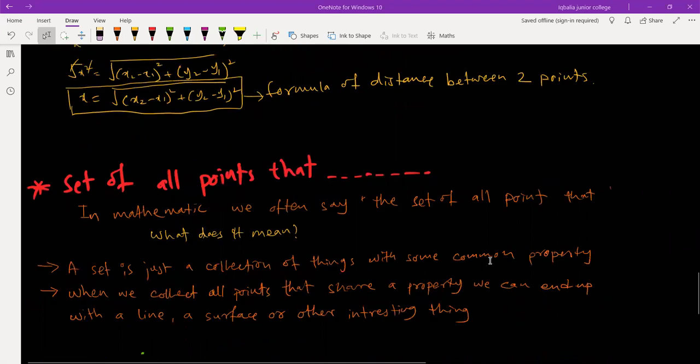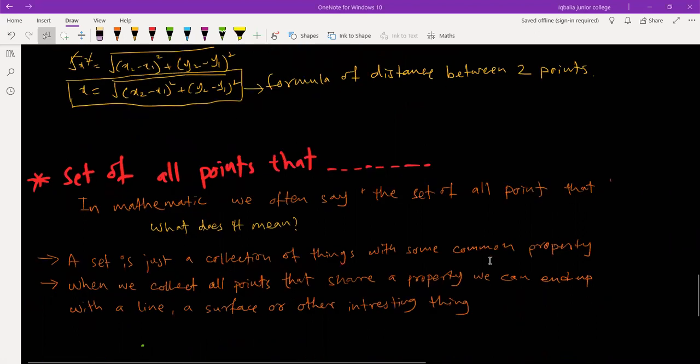What does it mean? That means a set is just a collection of things with some common property. When we collect all points that share a property, we can end up with a line, a surface, or other interesting things. So the set is nothing but a collection of things with some common property.